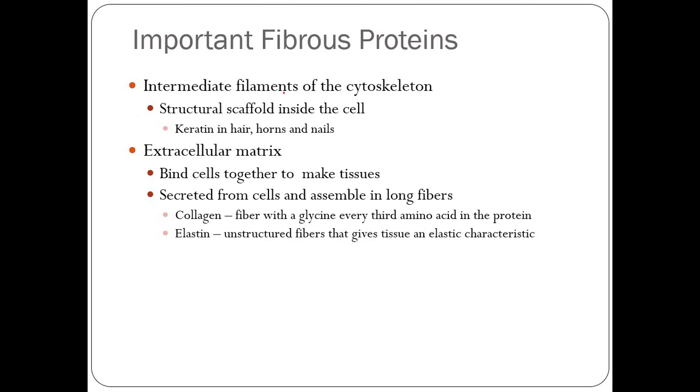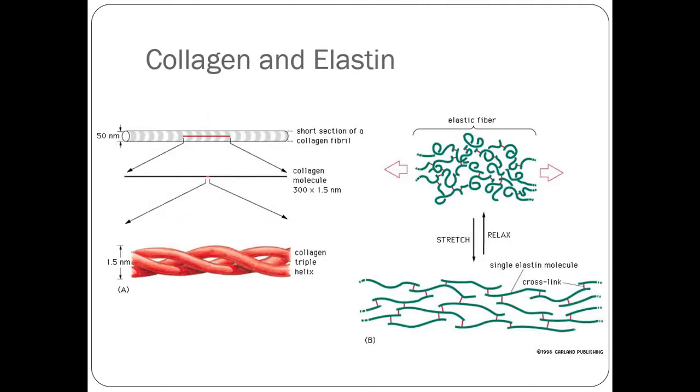Examples of fibrous proteins are collagen and elastin. These are structural proteins. We also have keratin in hair. So this is the structure of collagen and elastin. Imagine a collagen molecule. This is the short section of a collagen fibril.